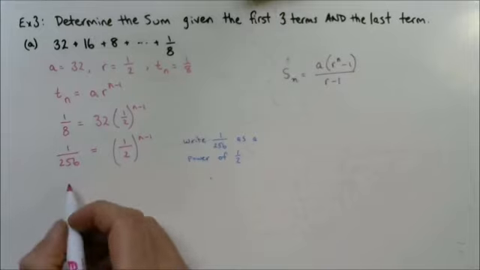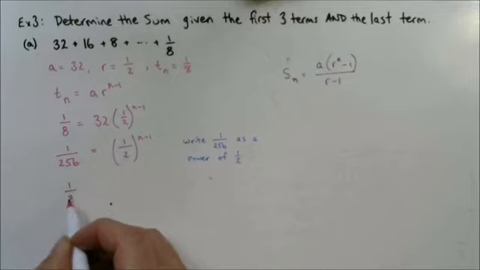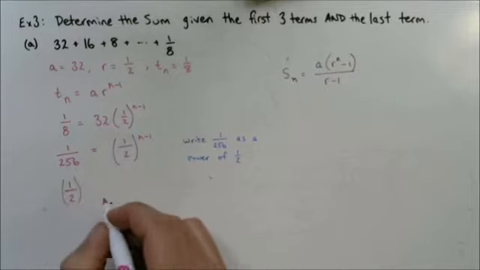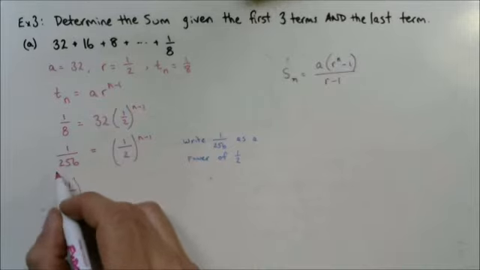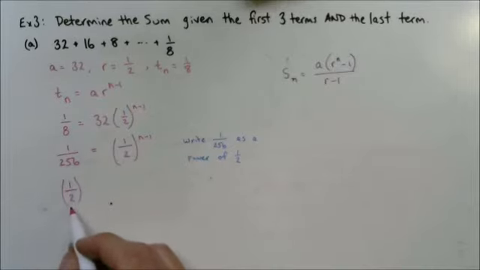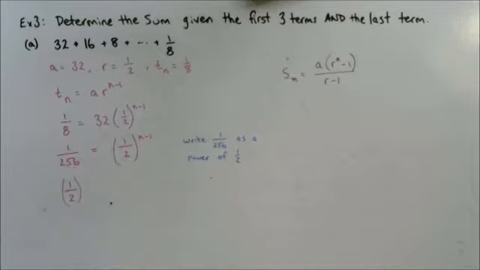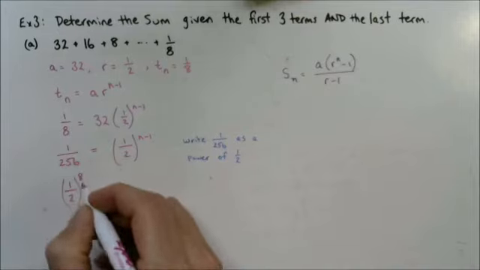So basically we need to think, what am I raising 1/2 to get 1 over 256? So I'm really saying how many factors of 2 are there in this denominator? Well, 2, 4, 8, 16, 32, 64, 128, 256. So I counted 8 factors.